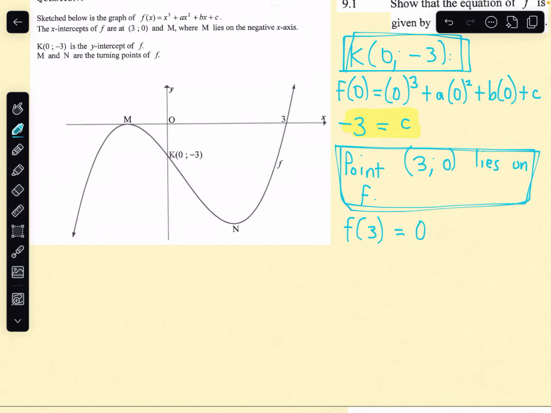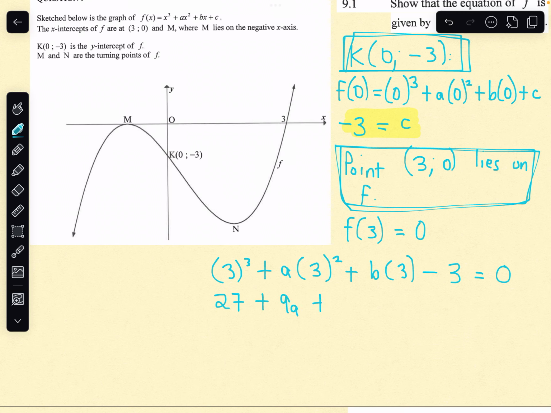So 3 cubed plus a times 3 squared plus b times 3 plus c, which we now know is minus 3. We know that that gives us 0. So that is 27 plus 9a plus 3b minus 3 is equal to 0.